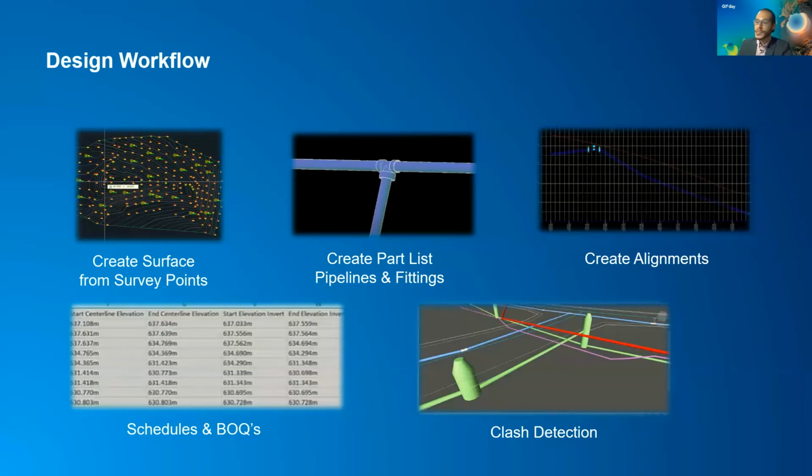Also, we need schedules and BOQs, or bill of quantities, as we mentioned that every part or every element in the BIM model contains its data, including the cost and the quantity. That's why we can export schedules for cost, for quantities, and whatever we need.